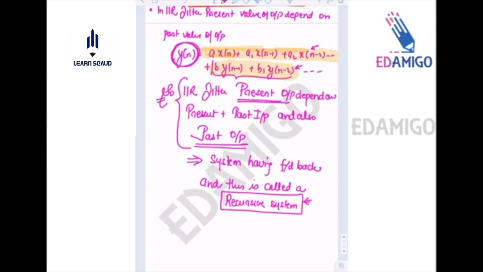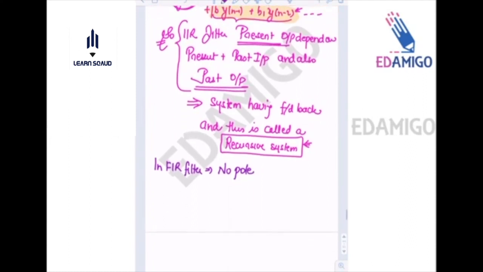So IIR filters are always recursive systems, but in FIR filters there are no poles, there are poles only at 0 and infinity. So H(z) will be of the format a plus a1 z inverse plus a2 z to the minus 2, a3 z to the minus 3, something like that.